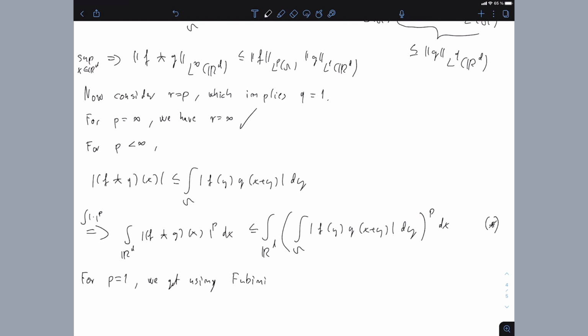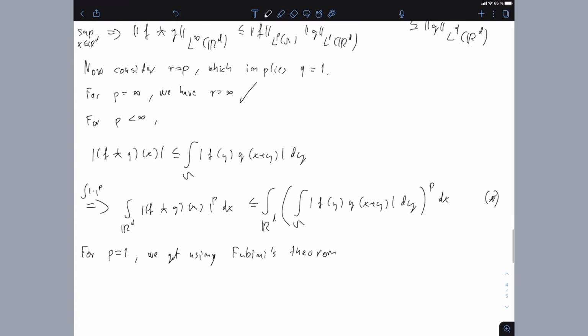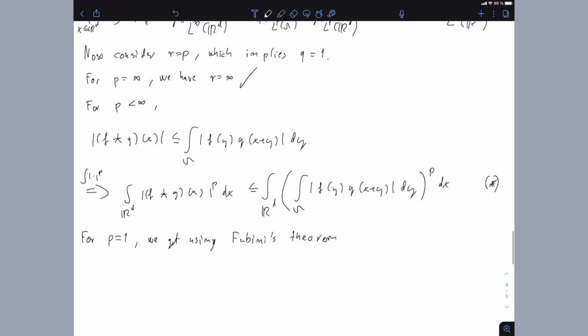And here we need another tool that I think you should know, but perhaps not by this name. Who knows the Fubini theorem? This essentially tells you that if you integrate with respect to different variables, you can change the order. So let me apply that, and then we can look at how it is defined.